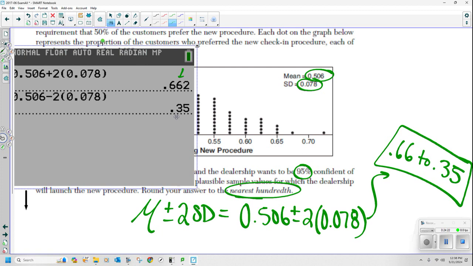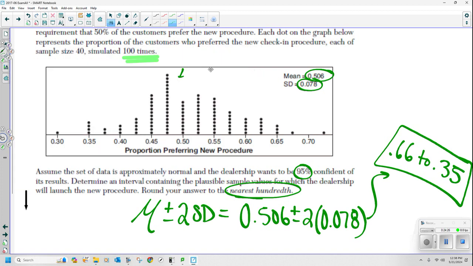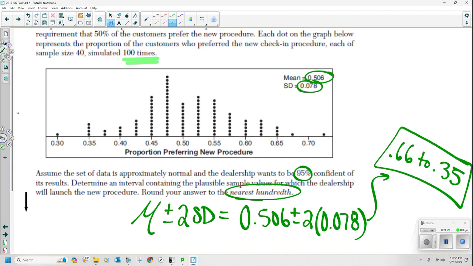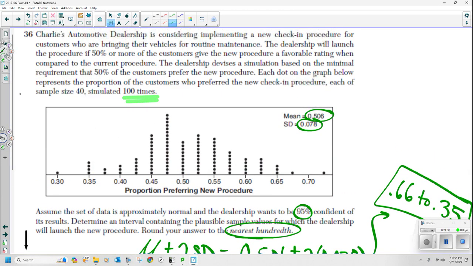Okay. Remember what our chart represents. Our chart represents the proportion of customers who prefer the new check-in procedure. Actually, each dot in the graph below represents a proportion of customers who prefer. So this in here are the people that want it.